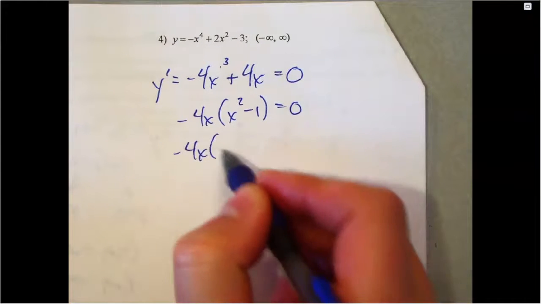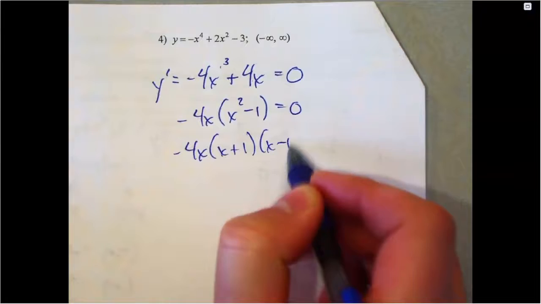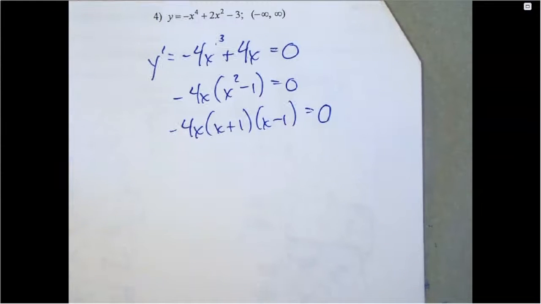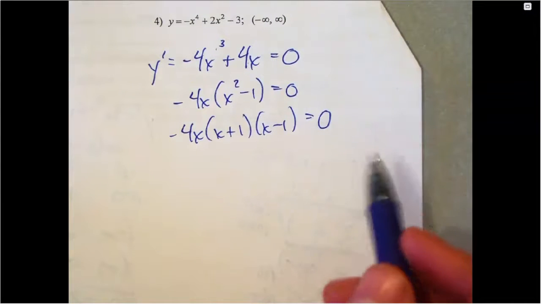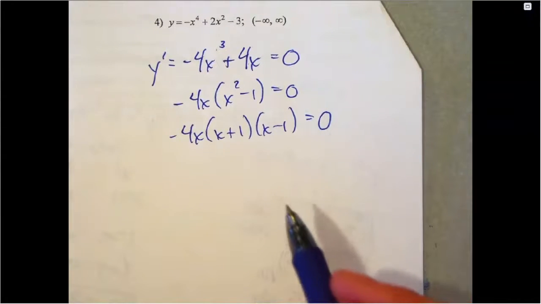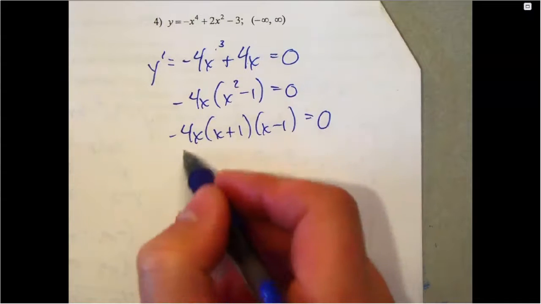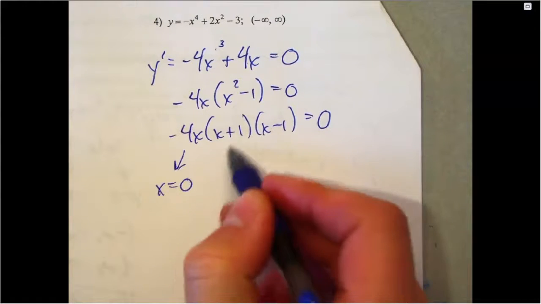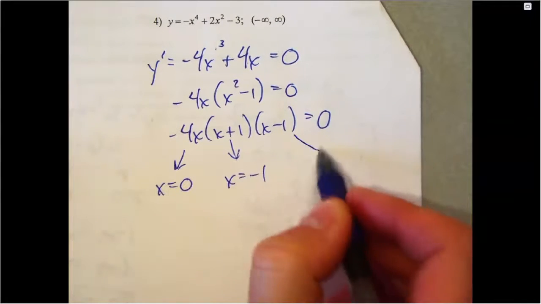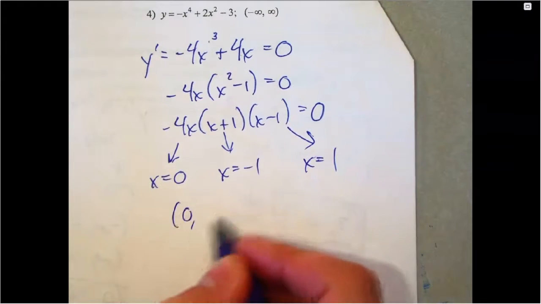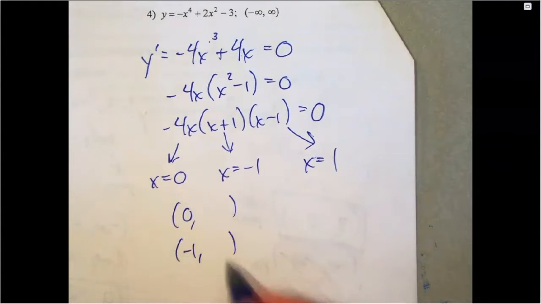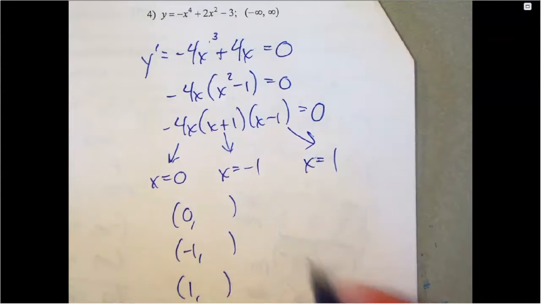And then I can factor that into x plus 1, x minus 1. You with me? Yeah, sure. So I can get x equals 0, x equals negative 1, or x equals 1. So I'm going to check those points along with infinity and negative infinity.